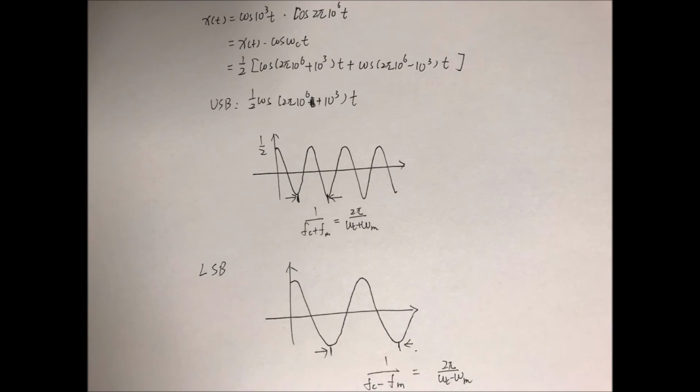So we have cosine. This is my message, right? This is my x of t. This is cosine c of t. If x is a general case, it is very complicated and not required.